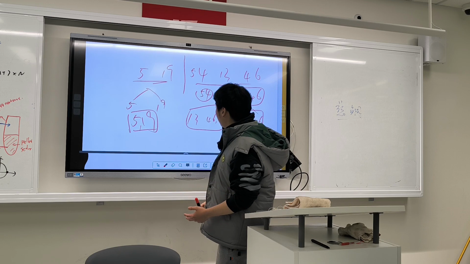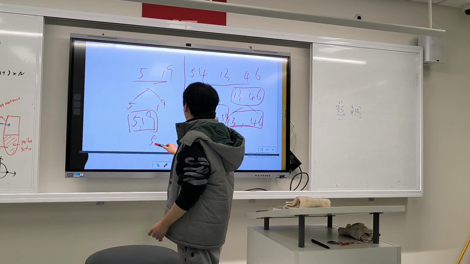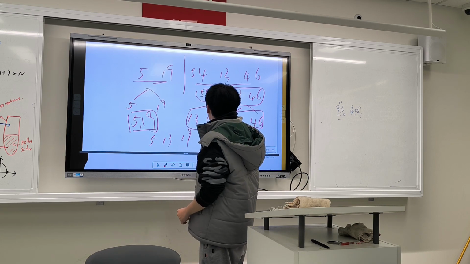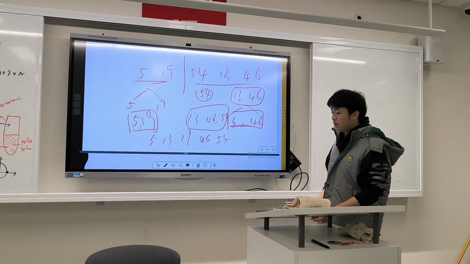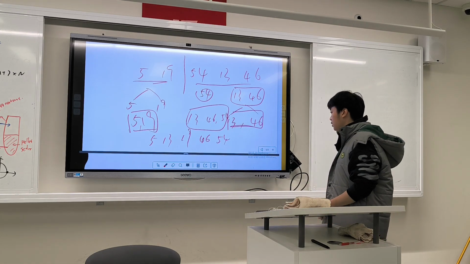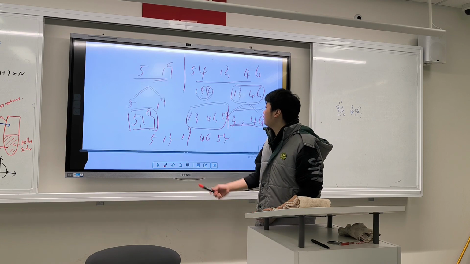And then finally we'll merge this subarray with this one, and then it will be 5, 13, 19, 46, and 54. And now this whole array is sorted. And this will be the process of merge sort. It's very simple and very easy to understand.